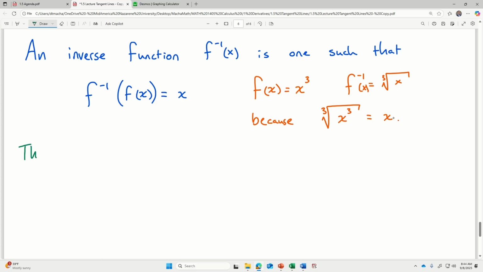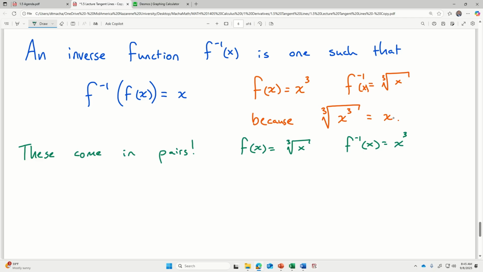And these come in pairs. Because if my original function is the cube root of x, then my inverse function has to be what? The cube root of x is x to the 1/3 power.